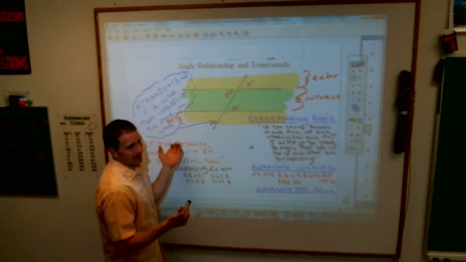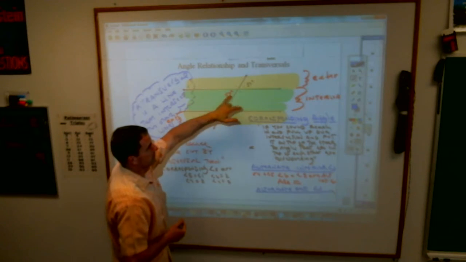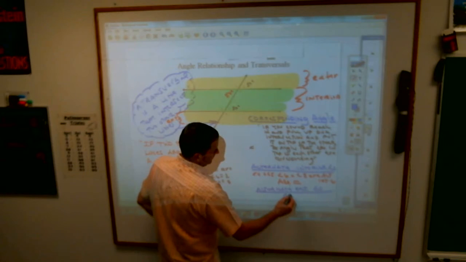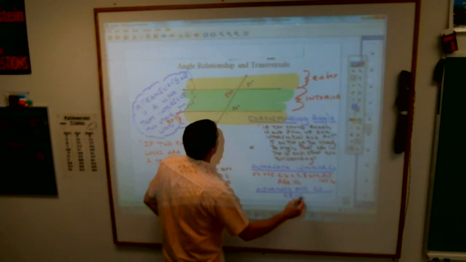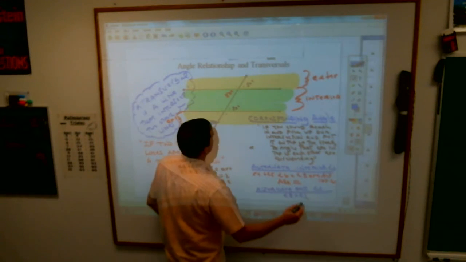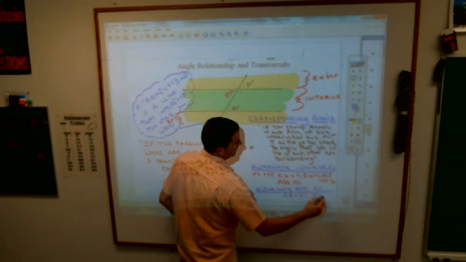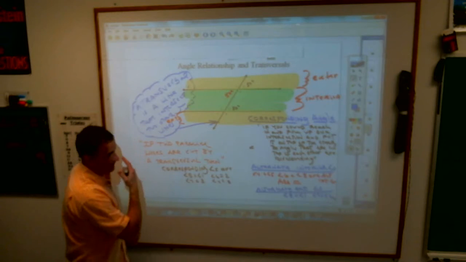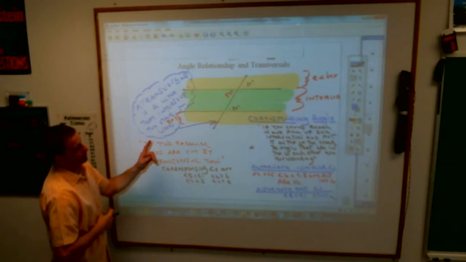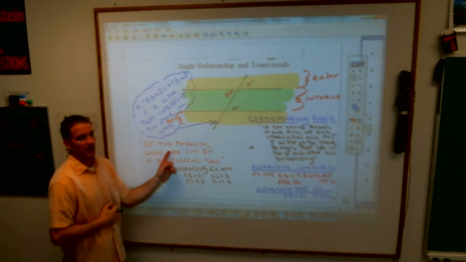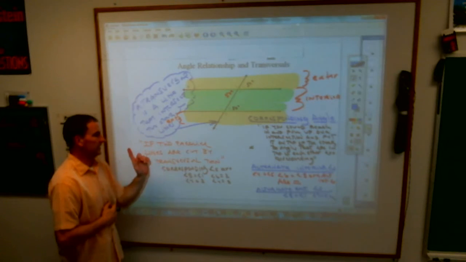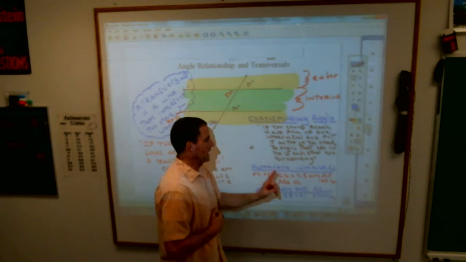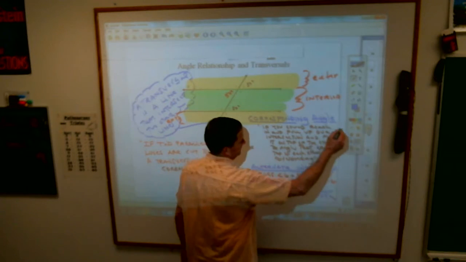You could say it like other line, diagonal, alternate exterior. So angle 8 and angle 1 are alternate exterior. Angle 7 and angle 2 are alternate exterior angles. And guess what? If two parallel lines are cut by a transversal, then alternate exterior angles are equal.